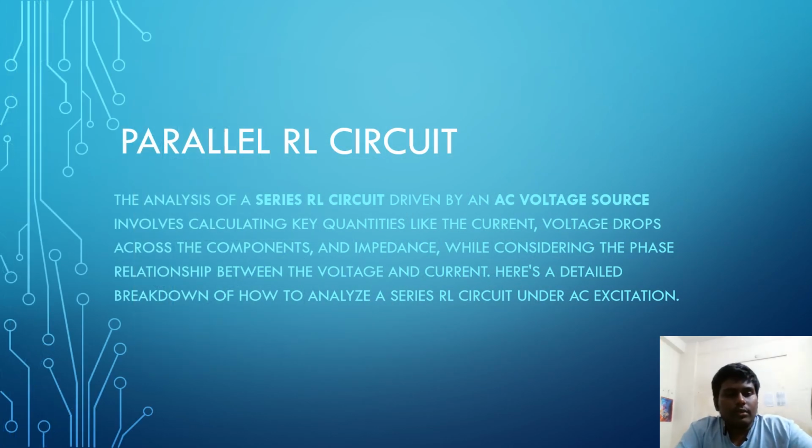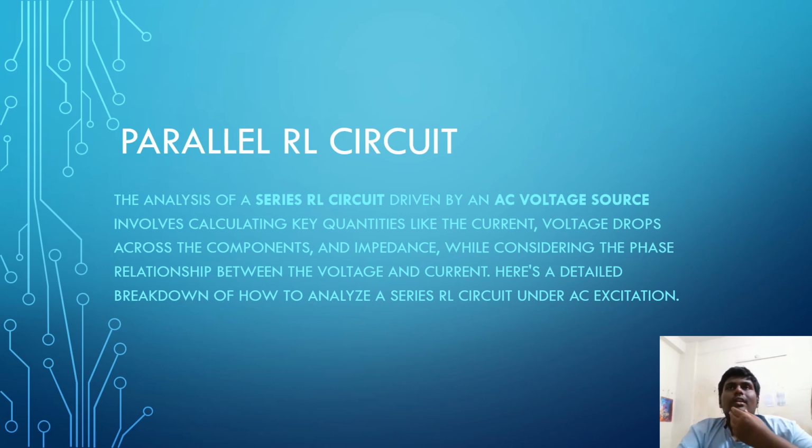Now I'm going to discuss the parallel RL circuit. In this, basically we are going to analyze how the current, voltage, and the phase difference between them behave when an AC source is connected across them.